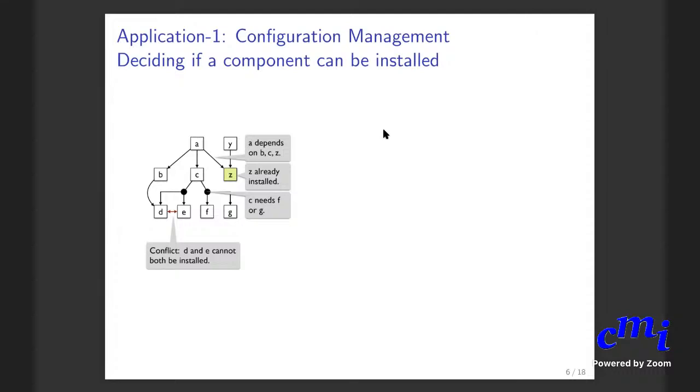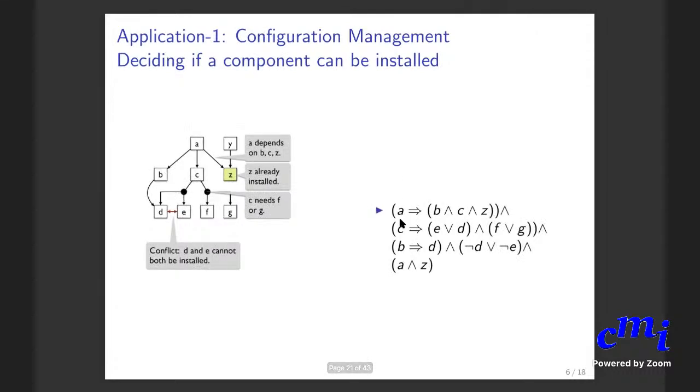So this is a classic problem of Boolean satisfiability. We are modeling each variable here, A, B, C, corresponding to each component, such that if it is true, that means A is installed.